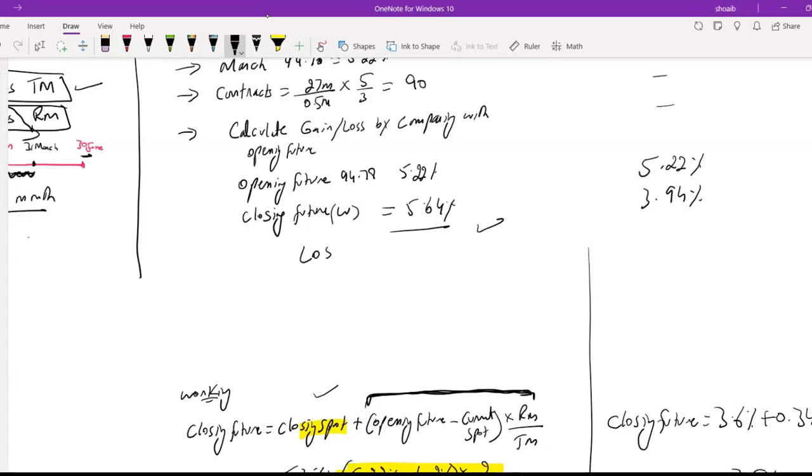Loss. How much? 0.42. And in this case, you are at a gain. How much gain? 1.28.